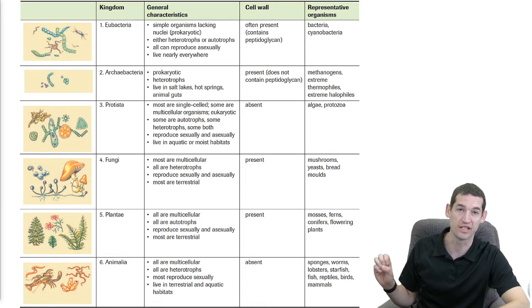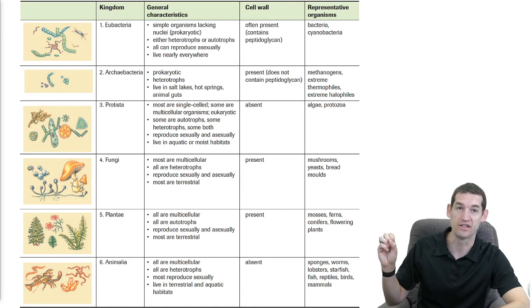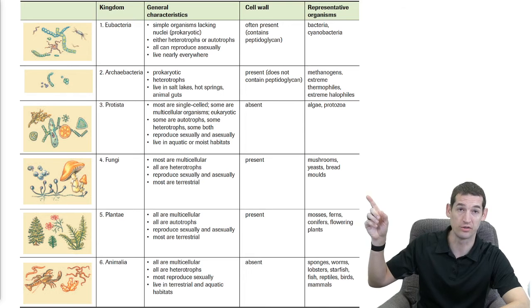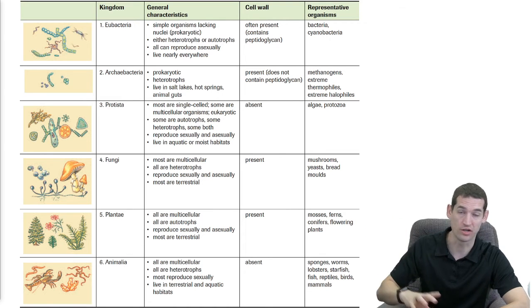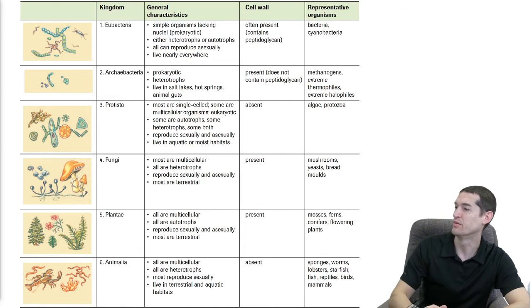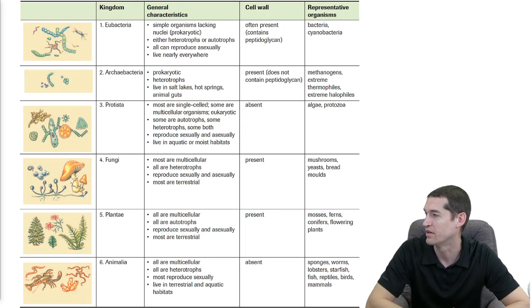You should know these 3 fairly well, right? Animalia are definitely heterotrophs, multicellular. Plantae is multicellular but autotrophic. Fungi are heterotrophs as well, but they do have a cell wall, kind of like a plant would, but they're heterotrophs, not autotrophs. And then when you get into the Eubacteria, Archaebacteria, and protists, they just get strange.